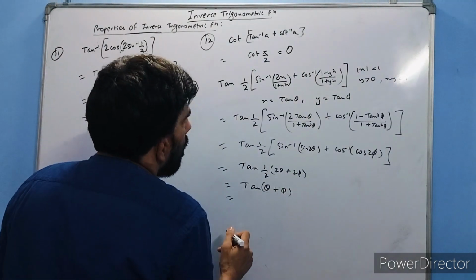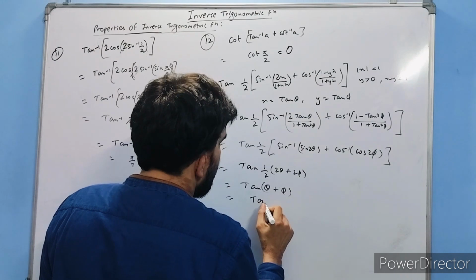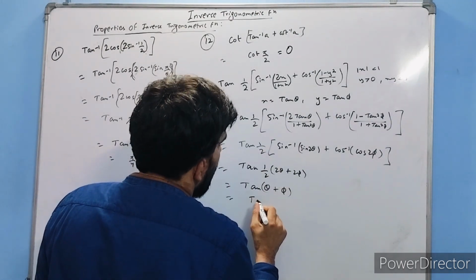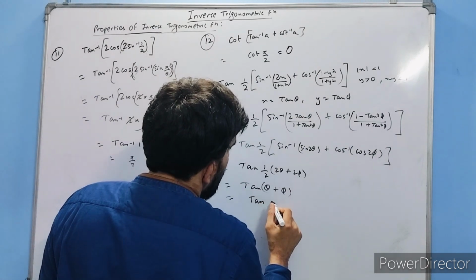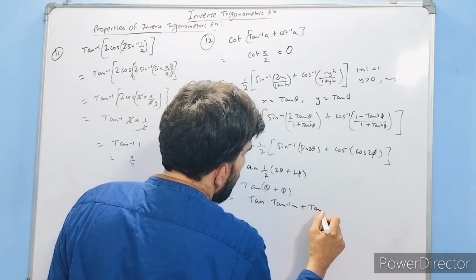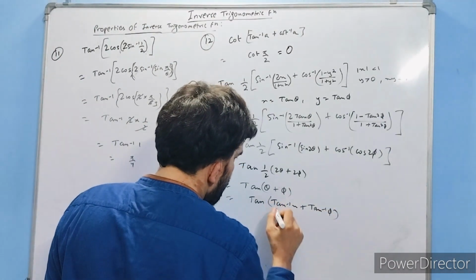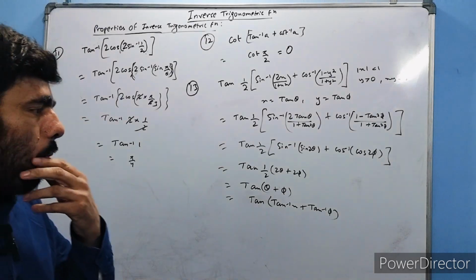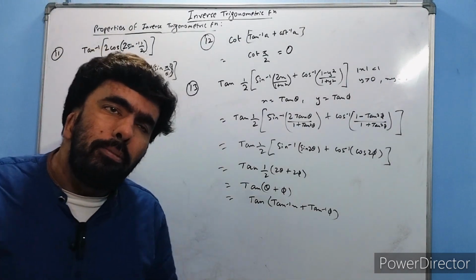So now what is tan theta? We have been given theta here, so you can put tan inverse x plus tan inverse y. So we can easily simplify such kinds of functions.